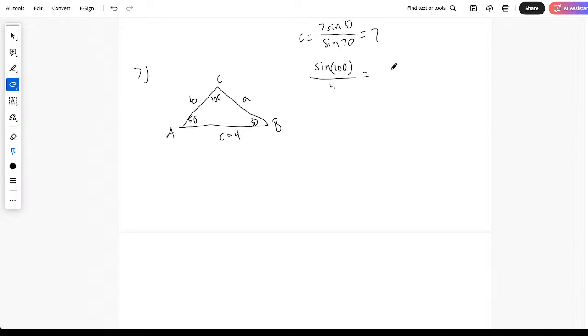So let's do B. So the sine of B, which is the sine of 30, because it says it here, over B. And then it also equals the sine of A, which is the sine of 50 over little a.